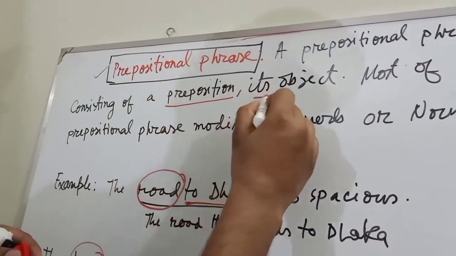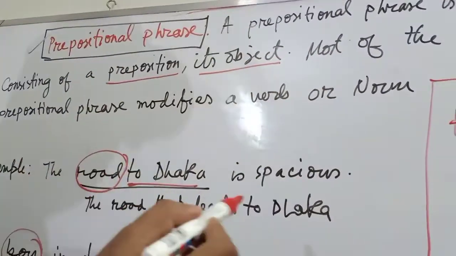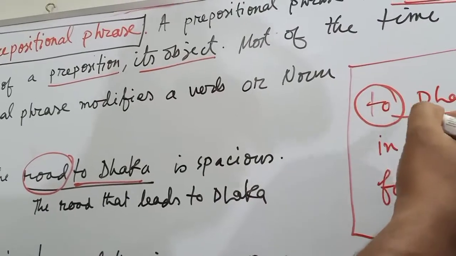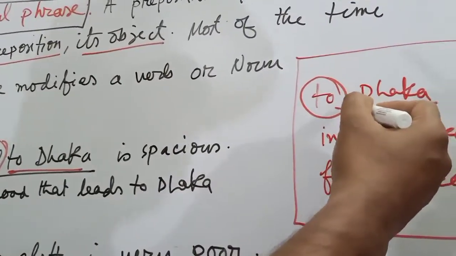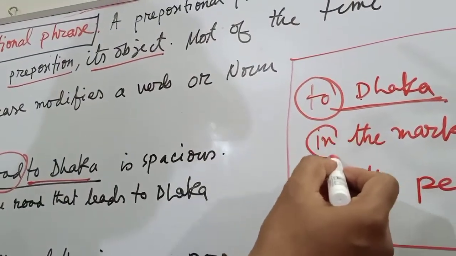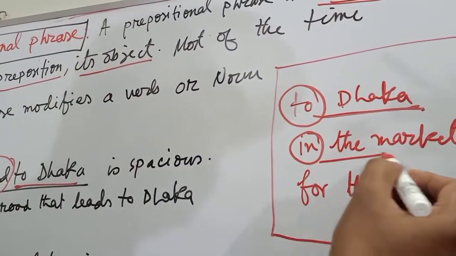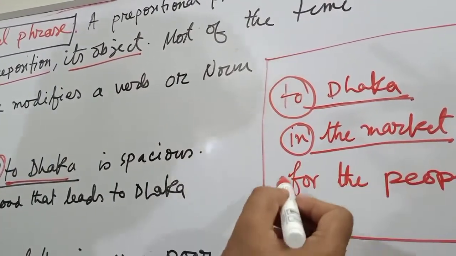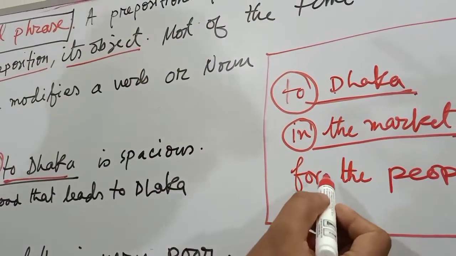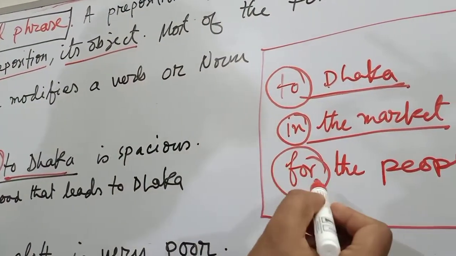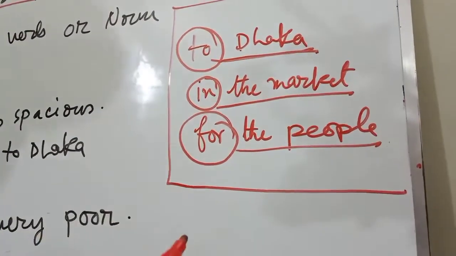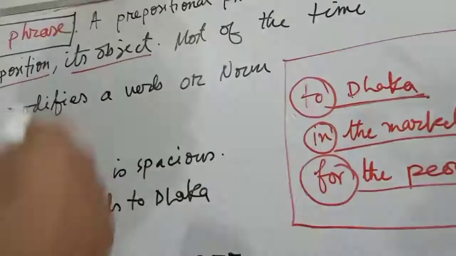A preposition and its object. If to is a preposition, then to Dhaka, to Sylhet, to Narayanganj, etc. If in is a preposition, in the market, in the house, in the station, etc. If for is a preposition, then for the people, for my friend, for my mother, etc.